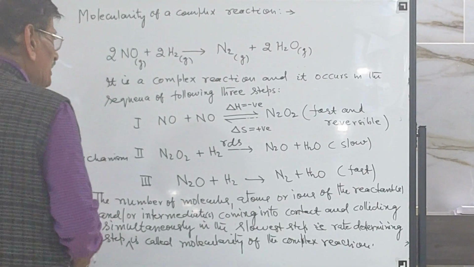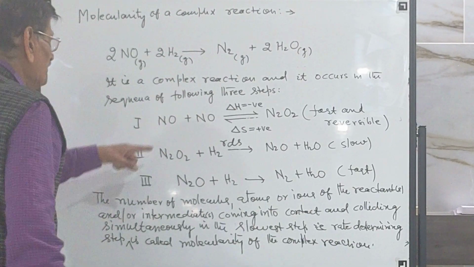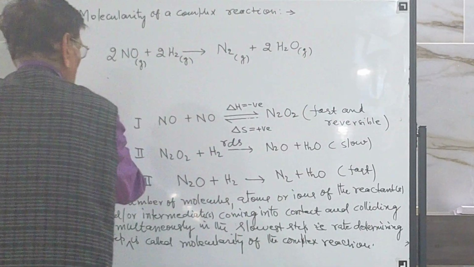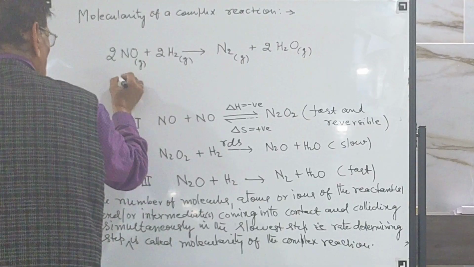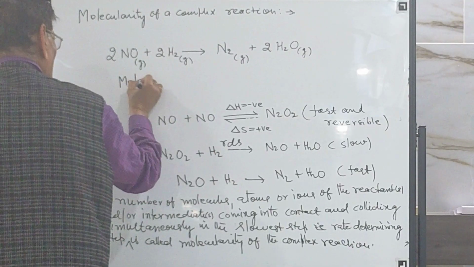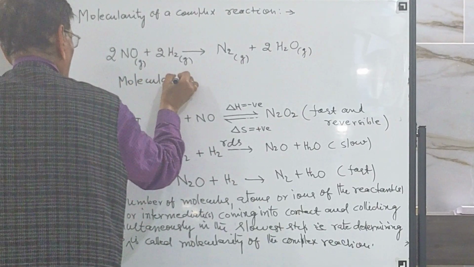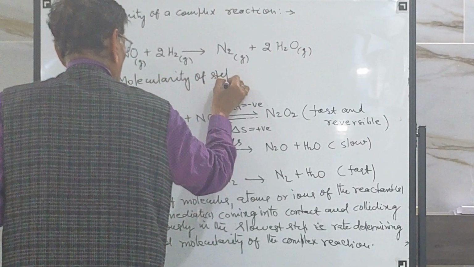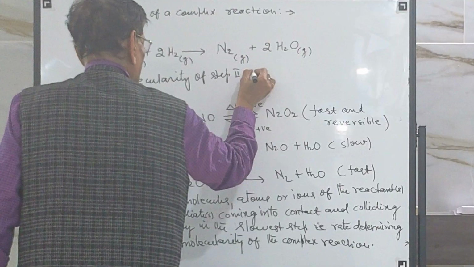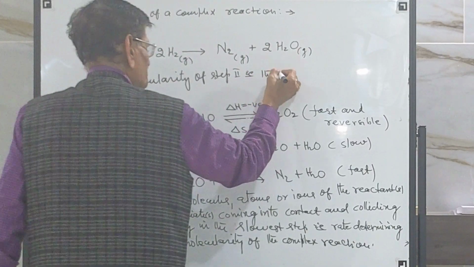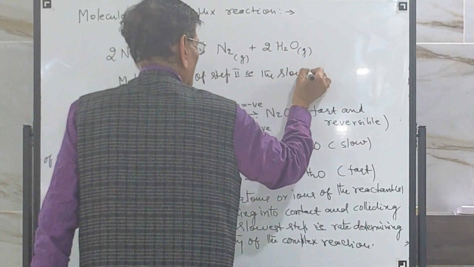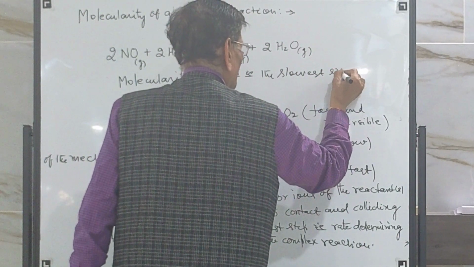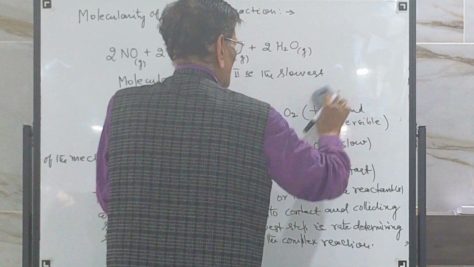Therefore, what will be the molecularity of this reaction? The molecularity of this reaction will be equal to the molecularity of the slow step, that is this last step.